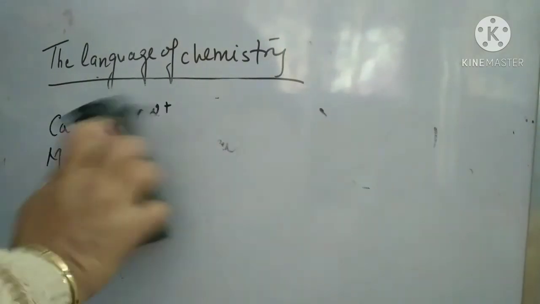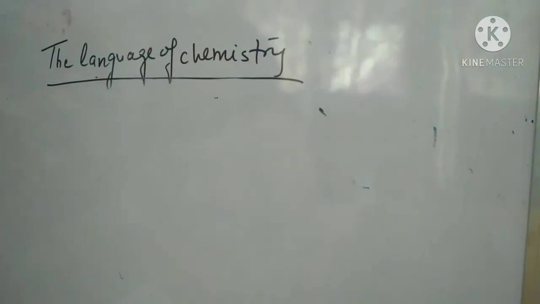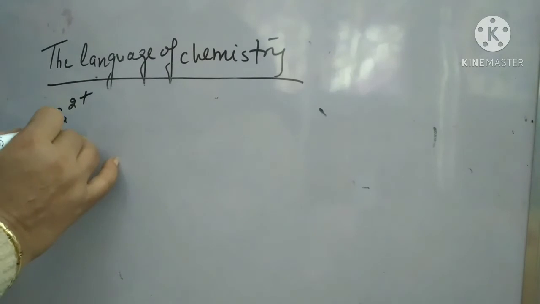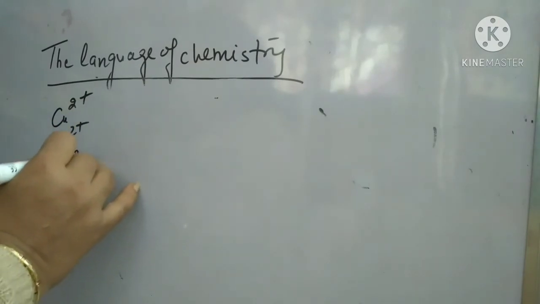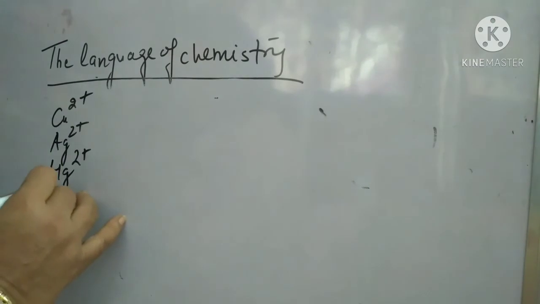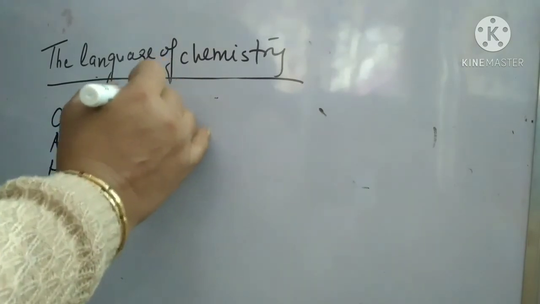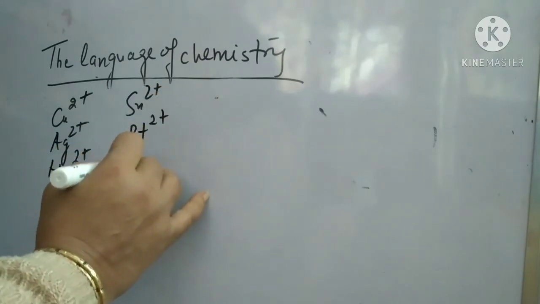Now if we talk about the elements which possess variable valency, for copper it is cupric Cu2+, argentic Ag2+, mercuric Hg2+, ferrous Fe2+, plumbous Pb2+, stannous Sn2+, platinous Pt2+, and manganese Mn2+.